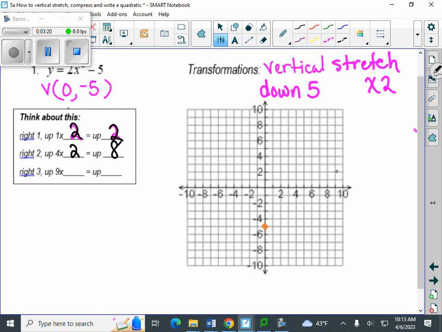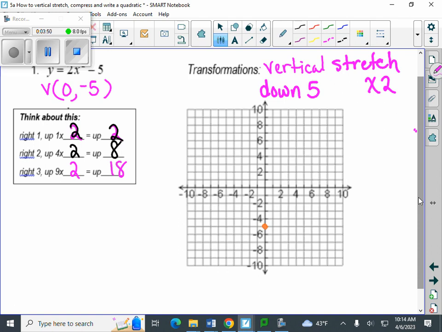We're still going to go right 3, but instead of going up 9, we're going to go up 9 times 2, which is 18, and we're only going to graph what fits on the graph here. If it goes a little bit off the graph, fine, but I'm not going to graph points 18.